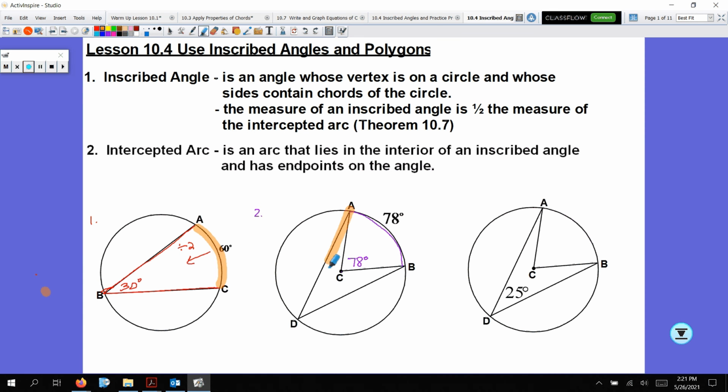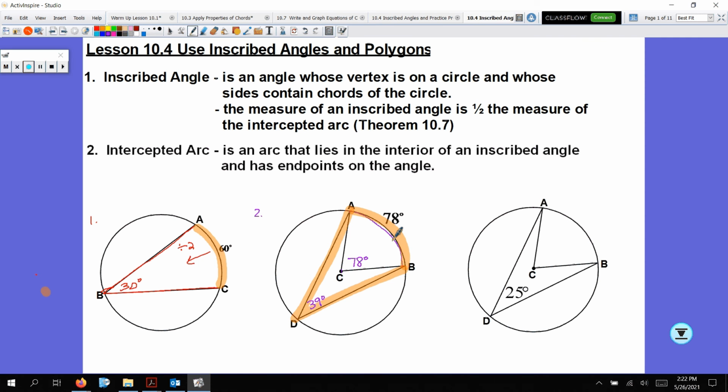I need to divide by 2 to get in here. So from this arc all the way inside, I divide by 2, and we get 76 divided by 2. What's that, 39? So this is 39 degrees in here. So remember, this central angle is the same. Inscribed is half the measure of that arc.